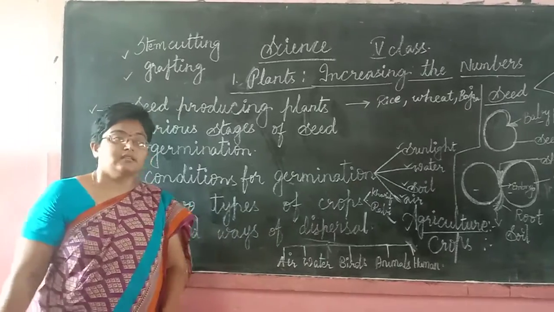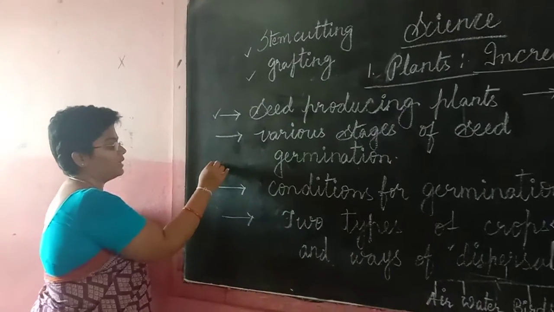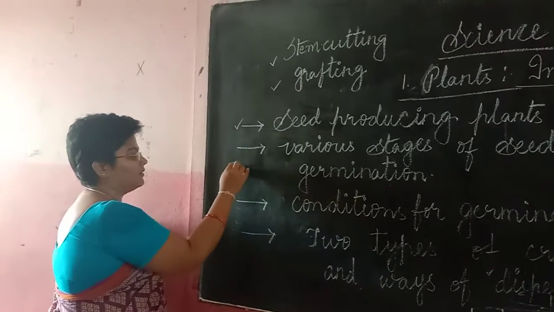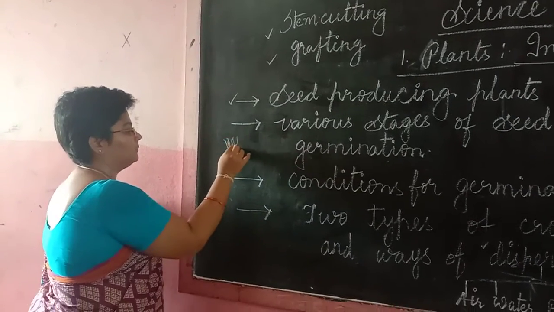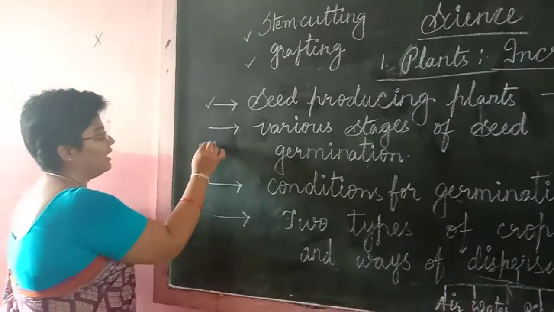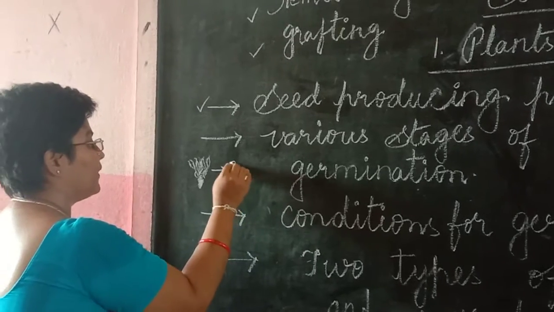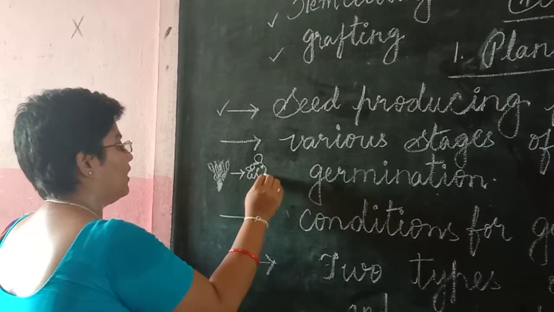Along with that, we can take a good example of dispersal by air. So let us see the seeds of milkweed. Have you ever seen the seeds of milkweed, a small seed which is attached to a hairy-like structure?